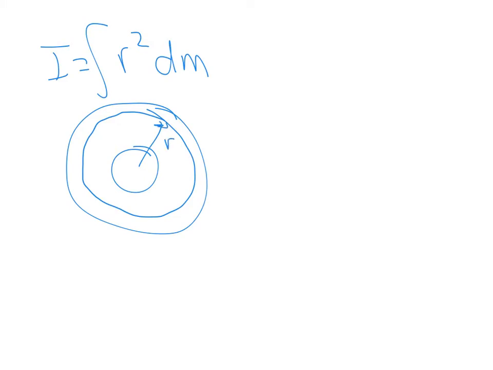I'm going to use little r, okay, distance from the center, the pivot, right? And this has some thickness to it, some infinitesimally small thickness, and we're going to use that infinitely small ring to represent a piece of our mass, right?